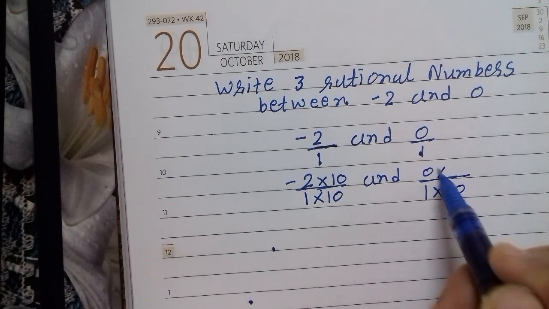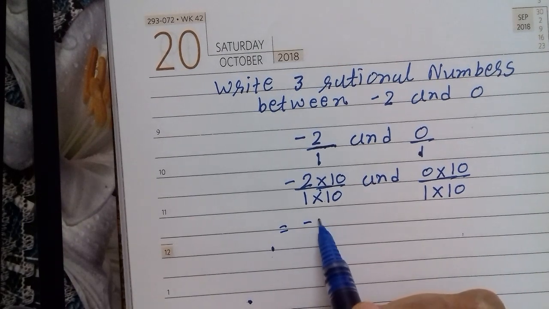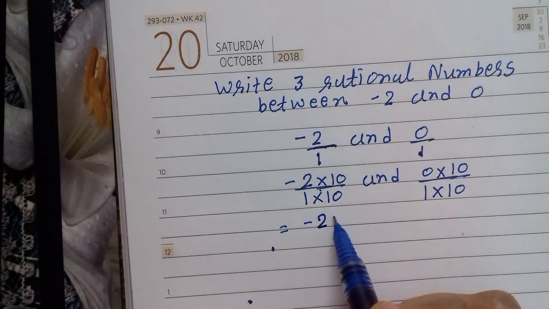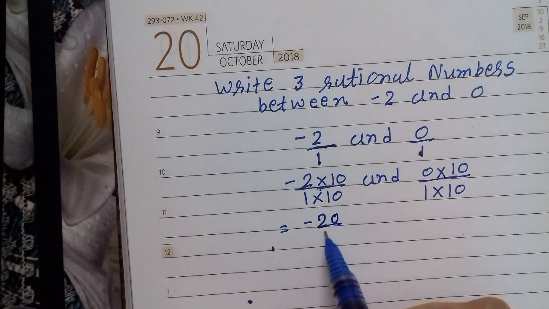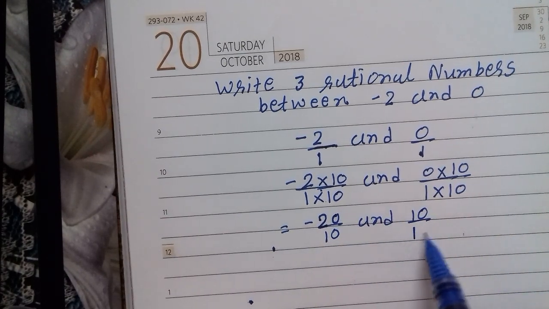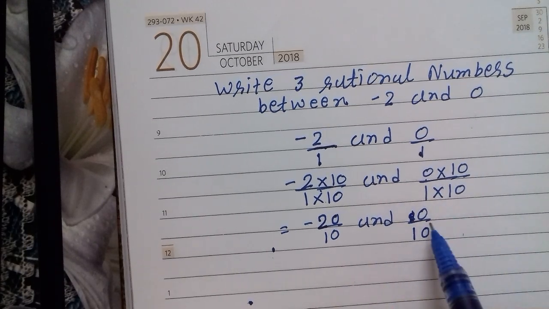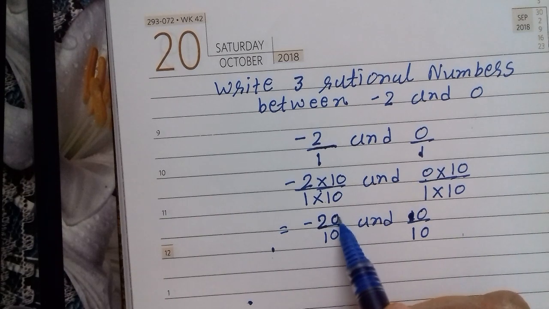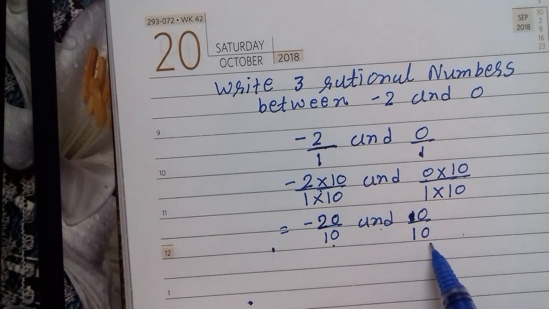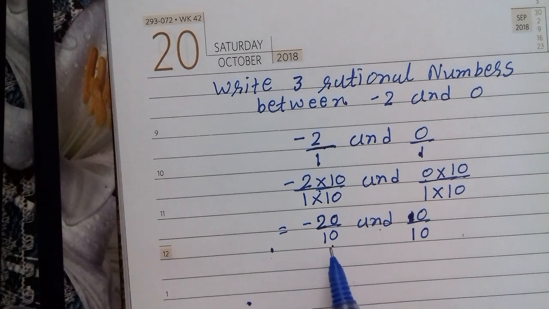So the answer will be -20/10 and 0/10. 0 multiplied by 10 is 0. Here you can see that the denominators are the same.